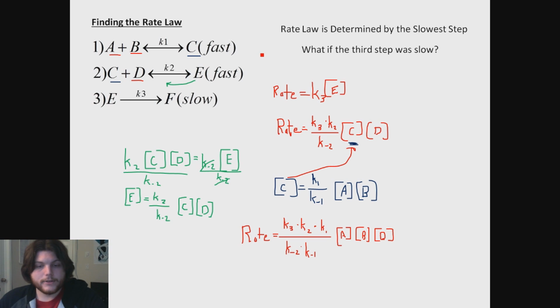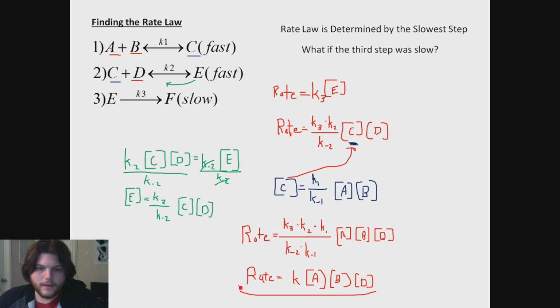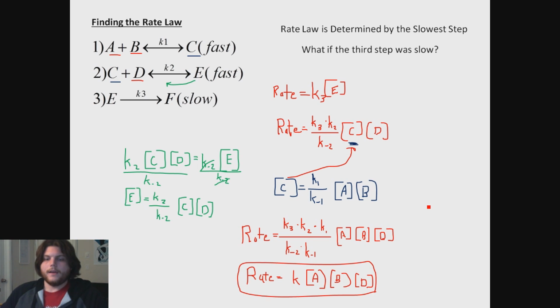We don't have any products or anything weird in our rate law. It looks like we have a finished rate law. The last thing I would do is change all these rate constants to just K times A, B, D, and there you go. There's our rate law for this step.